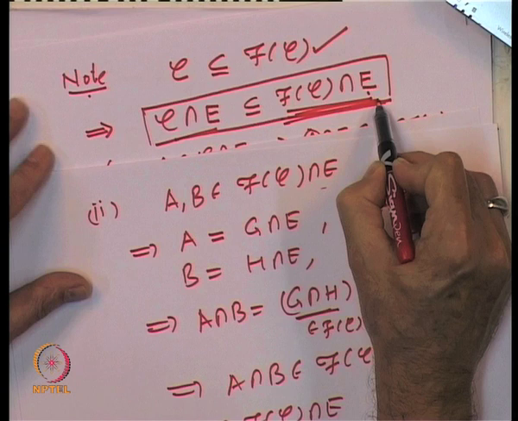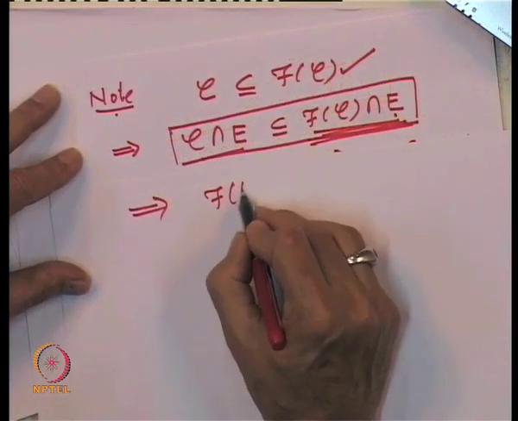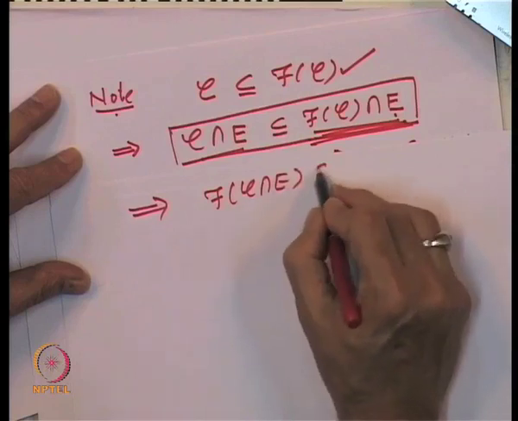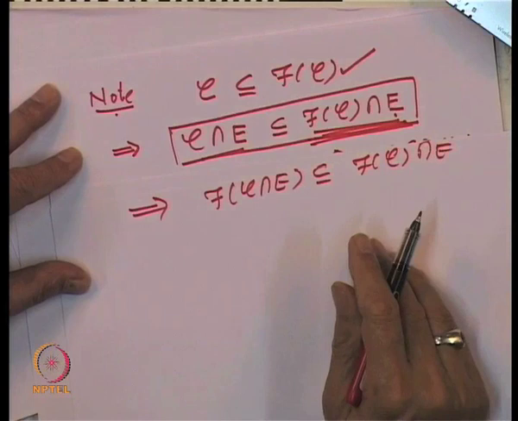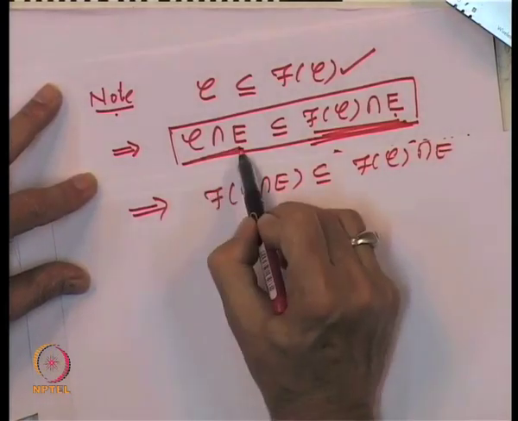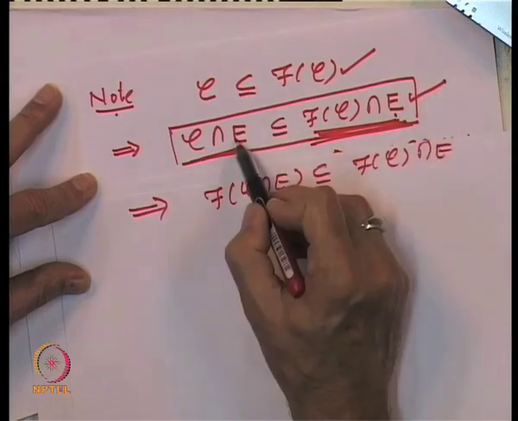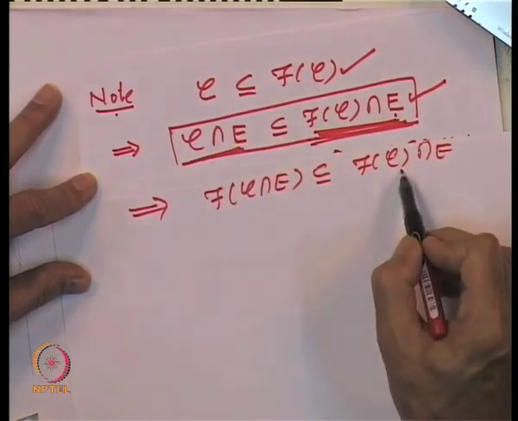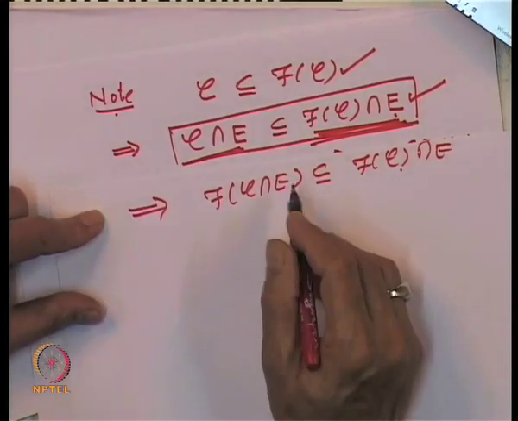So, this implies that the algebra generated by C intersection E is a subset of F of C intersection E, because this collection is inside this and this is an algebra. So, the algebra generated, being the smallest, must come inside. So, we get this property. Now, we have to prove the other way inequality.